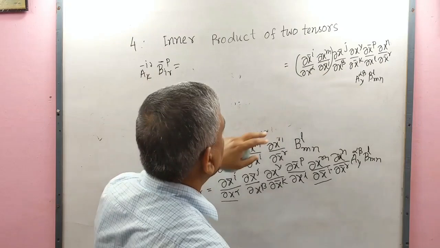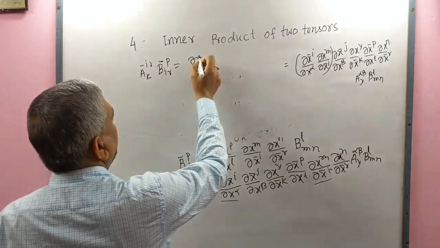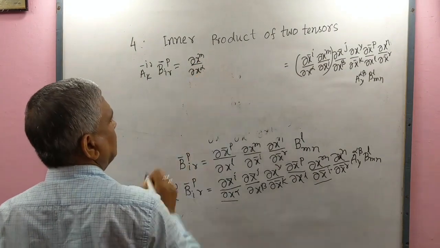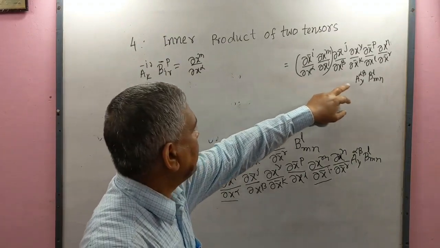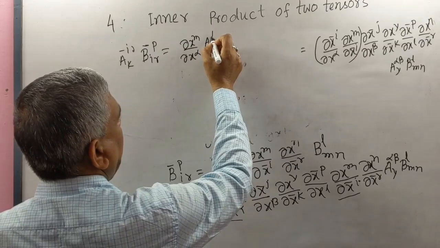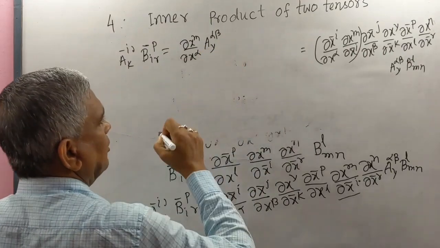That means this is del x m by del x alpha, the value of this. We may write this as A alpha beta gamma.